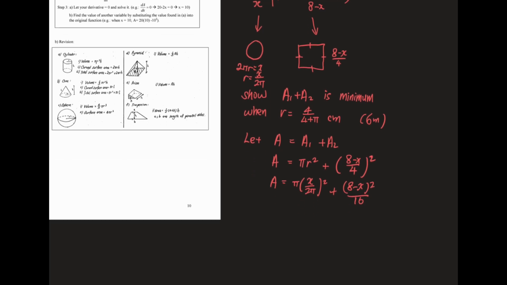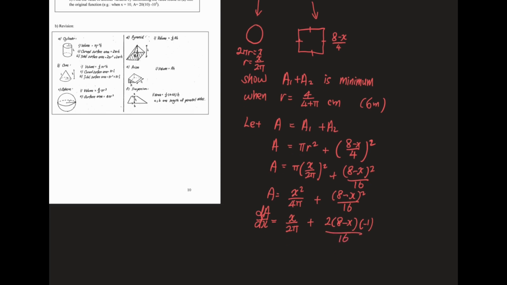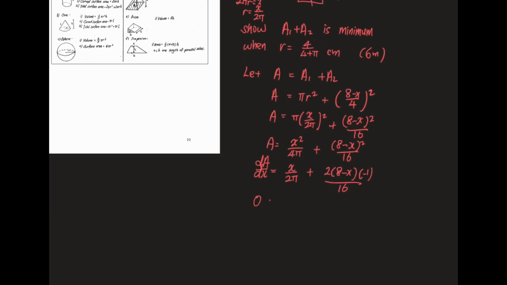Then we simplify the equation: x squared over 4 pi plus (8 minus x) squared over 16. And we differentiate dA/dx, where we get 2x over 4 pi, plus, differentiating again, 2(8 minus x)(minus 1) over 16. So dA/dx is equal to 0.